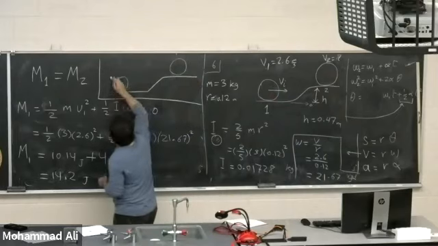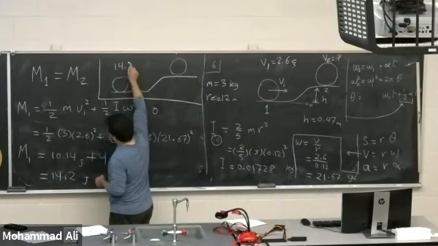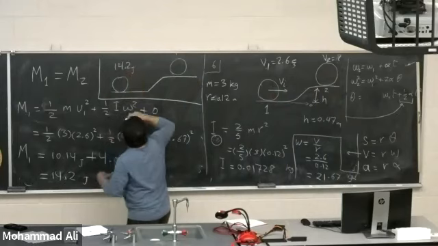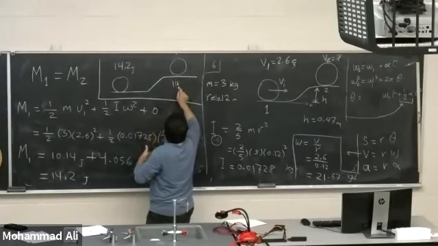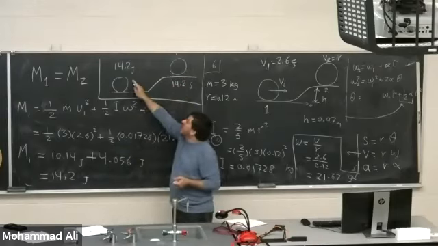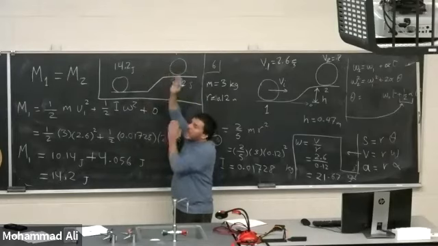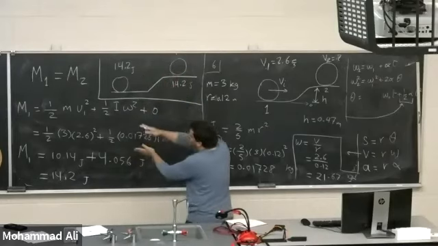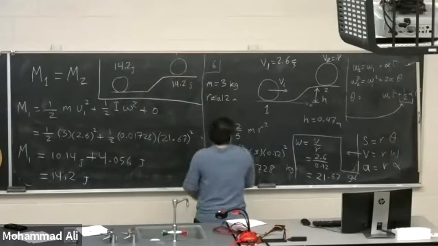Our system here contains 14.2 joules. Our system here should contain 14.2 joules. There is no potential energy here. We have potential energy here. We have velocity here. We need to compute the same relation, but finally.